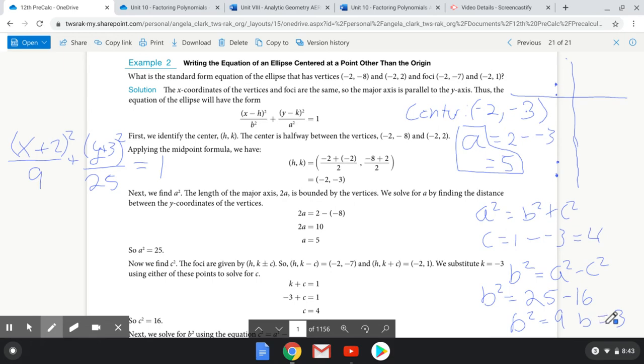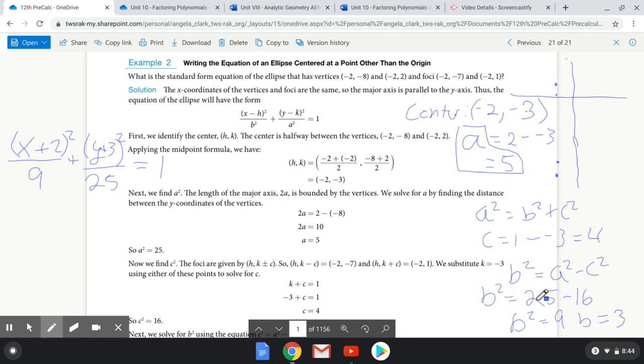So if you ever have a question that gives you the length of the major axis or the minor axis, and asks you to find something else, like the equation, they can do that. Remember that that's 2a or 2b, right? So that's just something to bear in mind if that's what you're given. Because if it says the major axis is 10, it's easy to be like, okay, A is 10. No, A is 5. So that's just something to bear in mind.